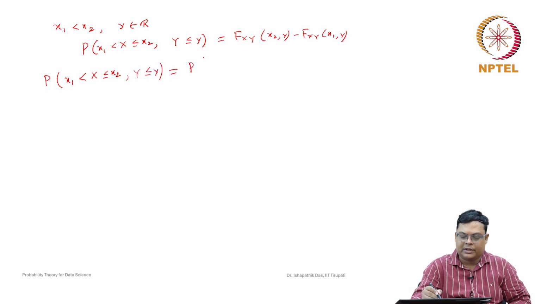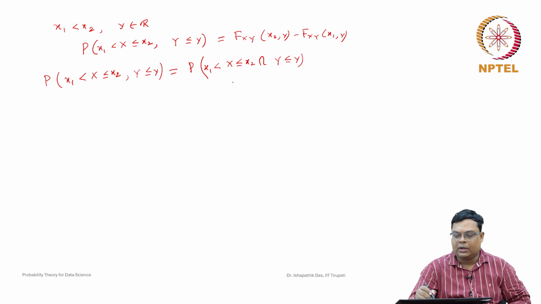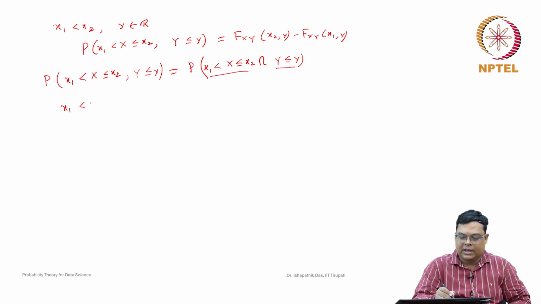This probability is nothing but the intersection of two events: x less than or equal to x2 and greater than x1, intersection Y less than or equal to y. First of all, let us find out what the event is. The set x1 less than x less than or equal to x2 is all s satisfying this relationship: X(s) less than or equal to x2 and greater than x1.